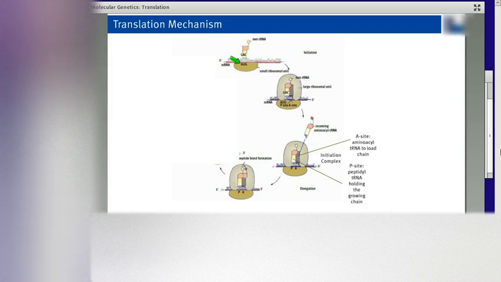So we've gotten rid of the initiator, and we originally had the aminoacyl tRNA attached to the A site. But now we're moving down one, so what needs to happen?